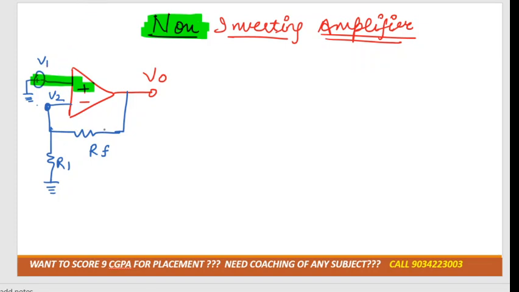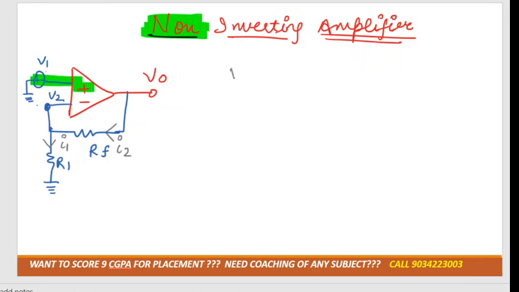Let us mark that some amount of current flows in the feedback resistance, that is I2, and some amount of current flows in R1, that is I1. Here the voltage is V1, here the voltage is V0.